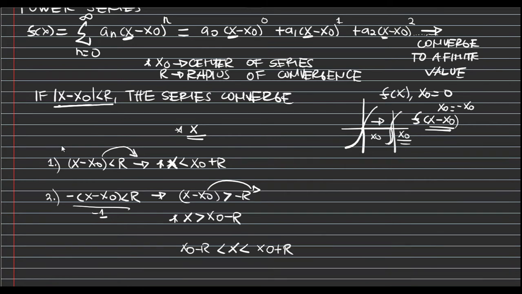Kasi pag i-interpret natin itong inequality na to, sabihin yung x is less than x sub 0 plus r. Ito yung first condition natin. Yung pangalawang condition, x is greater than x sub 0 minus r. Ibig sabihin pala, yung mga possible x values na magpapakonverge dito sa power series na to is nasa interval in between x sub 0 minus r tsaka ng x sub 0 plus r.